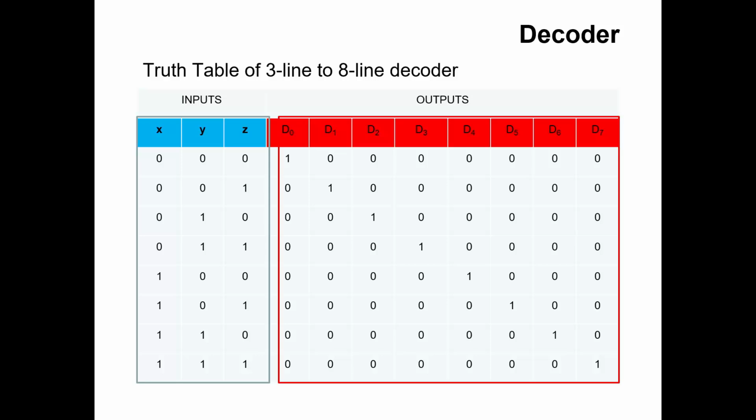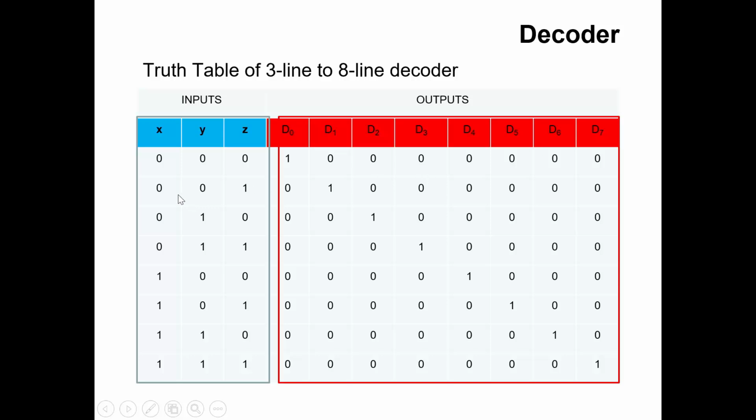The truth table of the 3-line to 8-line decoder is shown here. We have the input lines X, Y and Z. We have the output lines D0, D1, D2, D3, D4, D5, D6 and D7. If you see, this is just the opposite of the encoder. For X is 0, Y is 0, Z is 0, we have D0 as 1 and all the other outputs are 0.